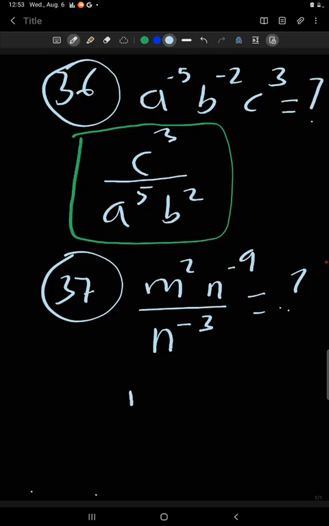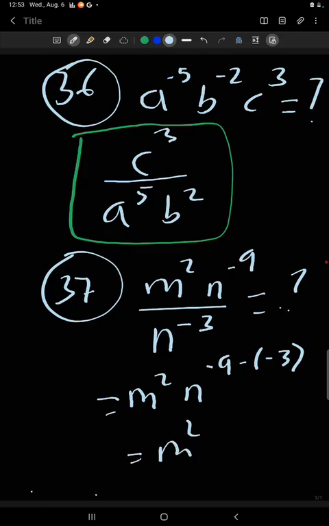So anyway, I'm going to put it as m squared, and then n to the negative 9, and then we're going to subtract that negative exponent, which is minus 3 here. So that's going to be equal to m squared n to the minus 9 plus 3, negative 6.